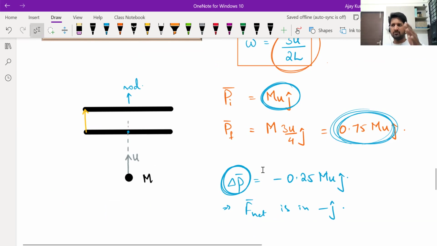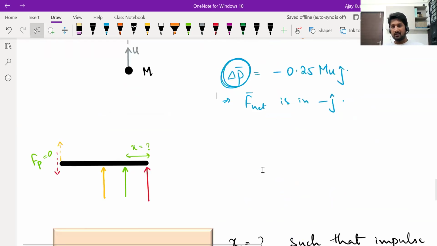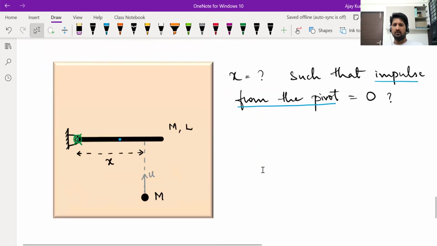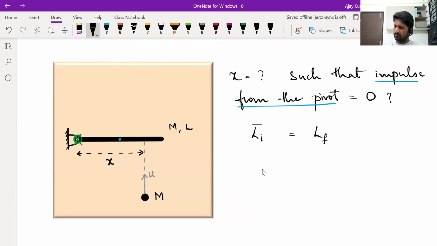So whatever change in momentum happens is due to the force exerted by the pivot only. Now we don't want that to happen. There should be no impulse from the pivot. That means there should be no change in momentum of the system. That is the equation you have to write. So you'll write two equations this time. Initial linear momentum equals final linear momentum. Angular momentum is conserved anyway. Write that first: initial angular momentum is equal to final angular momentum.